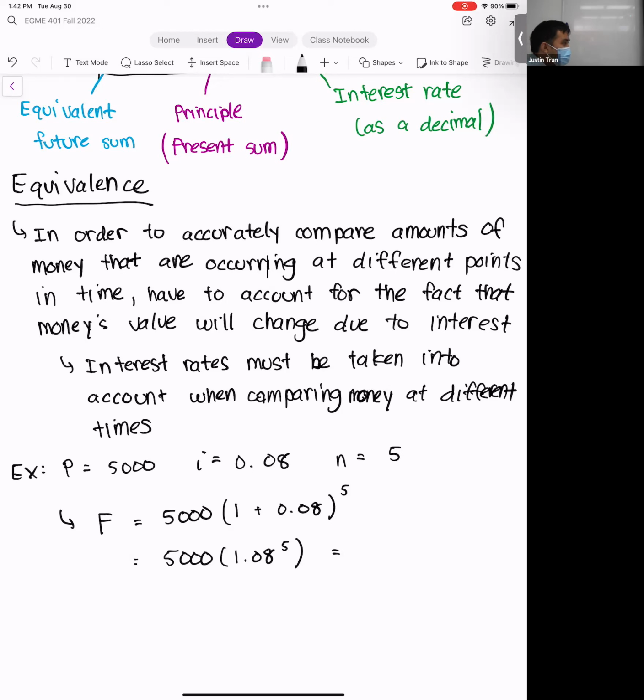At this point, you can punch this into your calculator, and what you get is 7,347. If you check back with our previous example with the table, this is exactly the amount that we got. And so this shows that this formula gives you the same information, but with a lot less work.